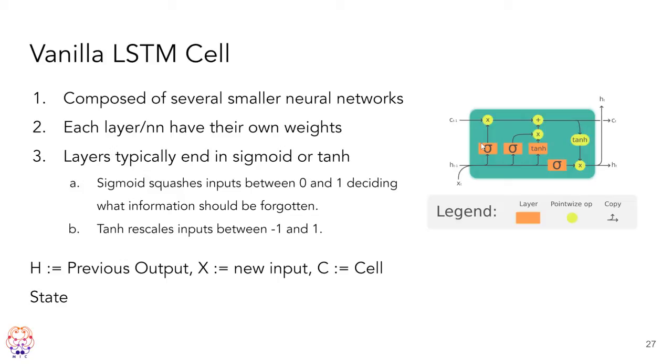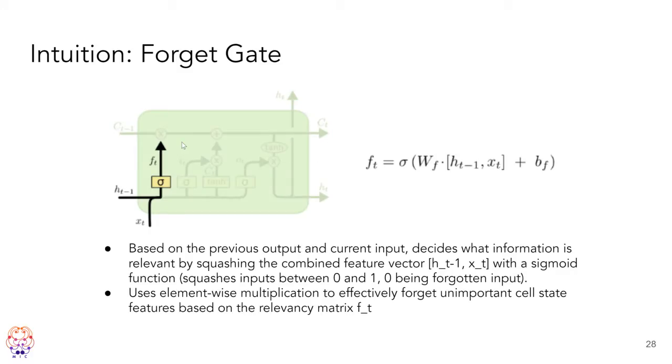So I covered that. So the forget gate. The very first sigmoid function, what it's going to do is, first, when these two arrows combine, that's just stacking the inputs. So you can think of it as we just have our hidden state, and then we concatenate it with our inputs. So it's going to be a longer array. We're going to squash that concatenated array between 0 and 1.